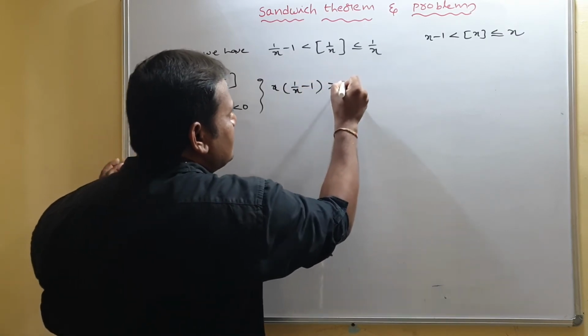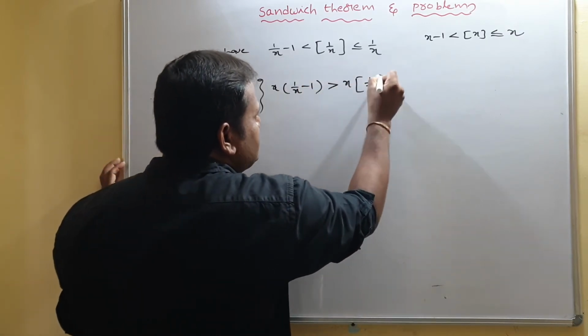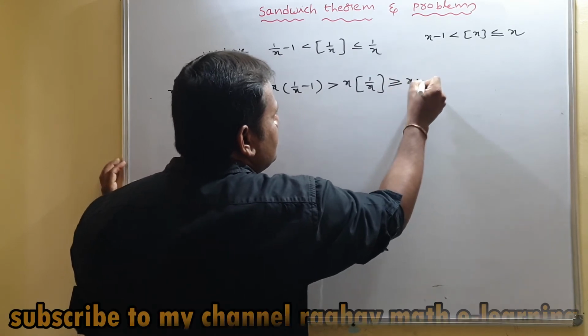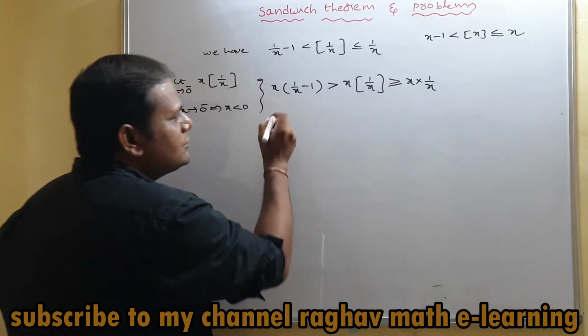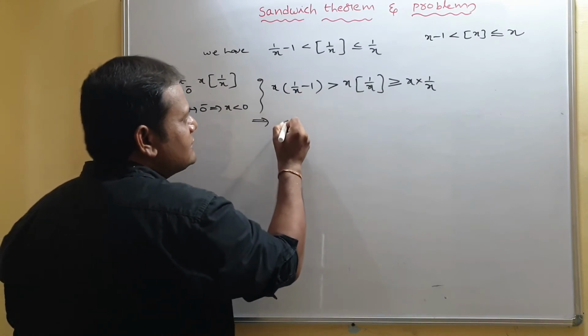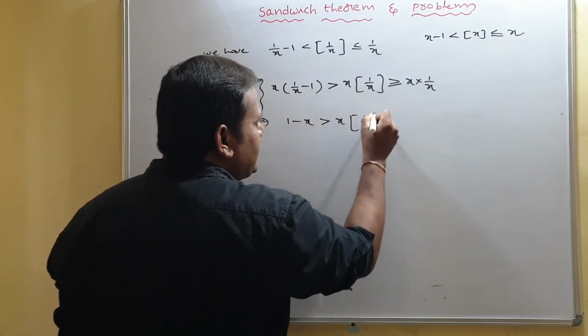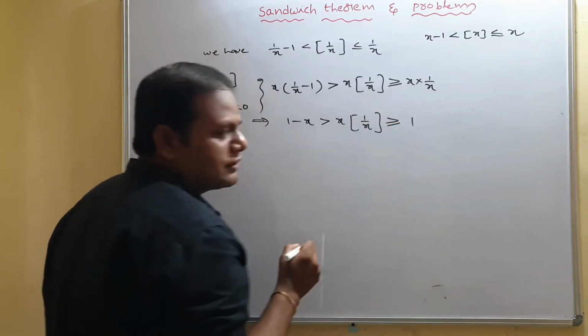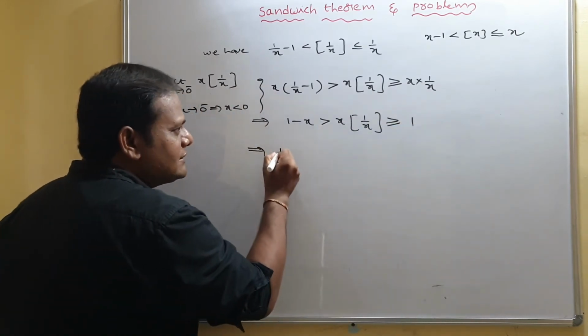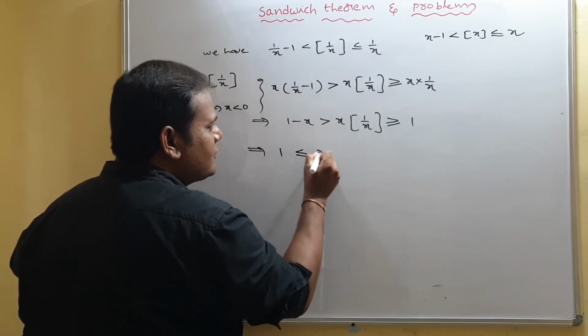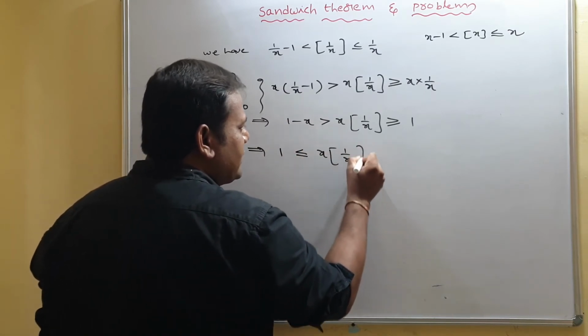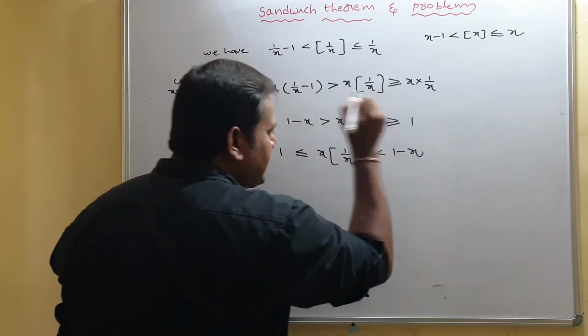X into step 1 by x is greater than or equal to x into 1 by x. So what we got, that is 1 minus x is greater than x into step 1 by x is greater than or equal to 1. So can I write it as 1 less than or equal to x into step 1 by x is less than 1 minus x.